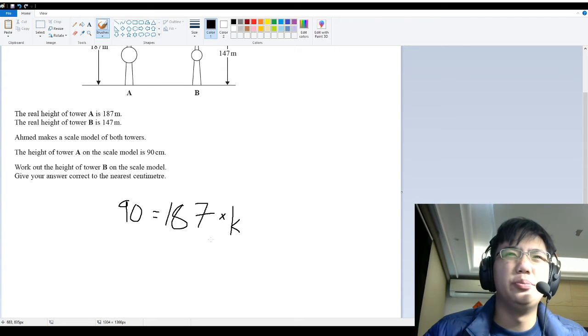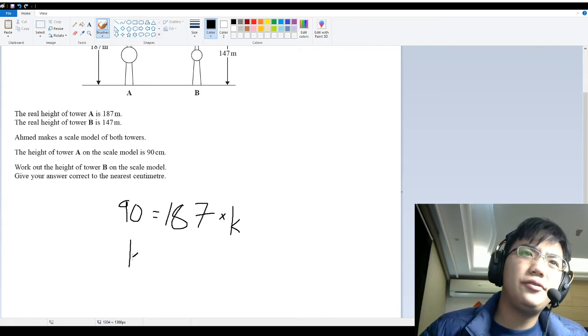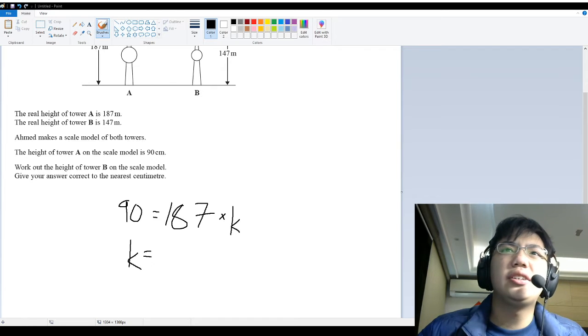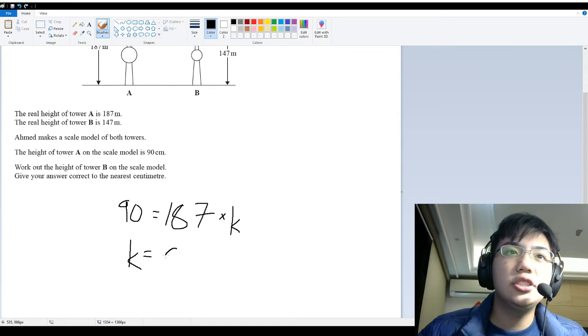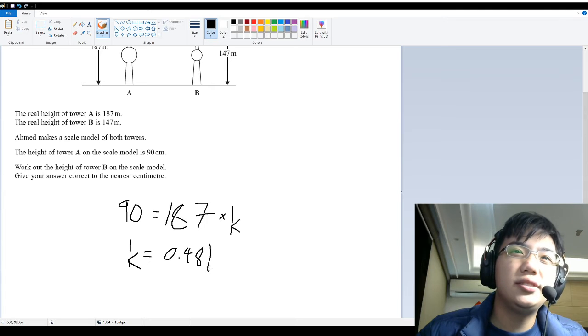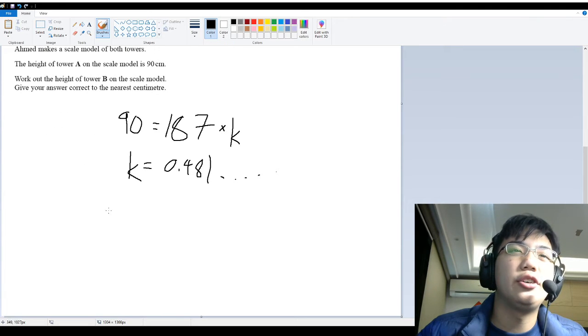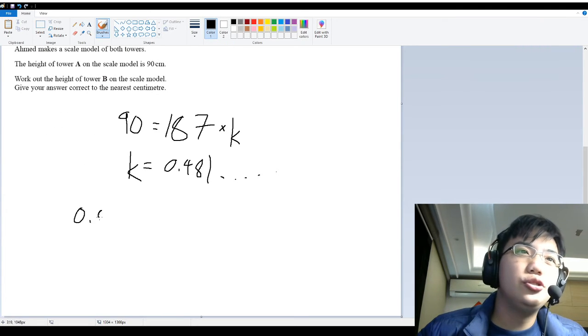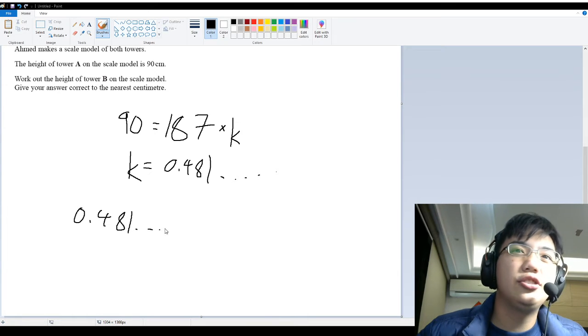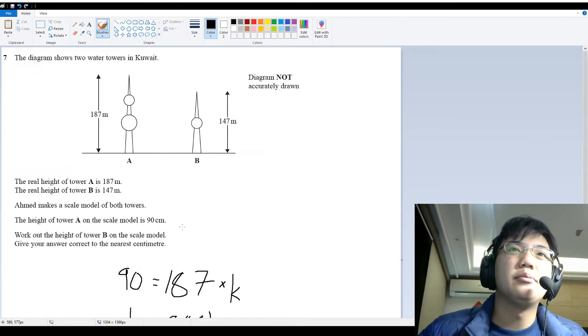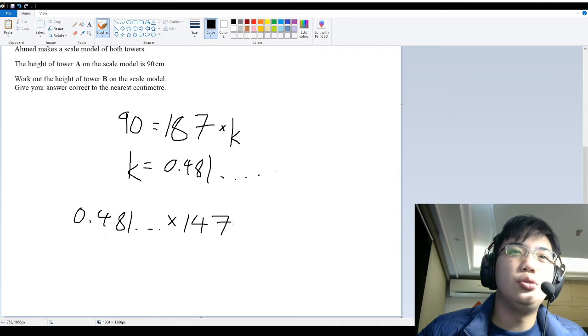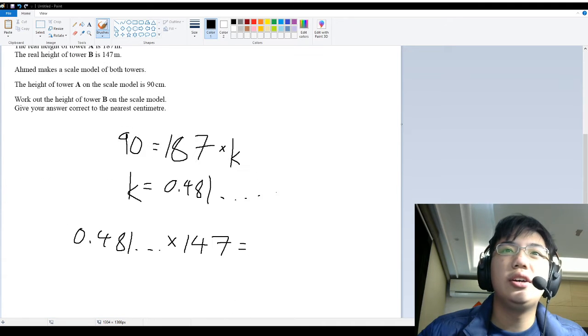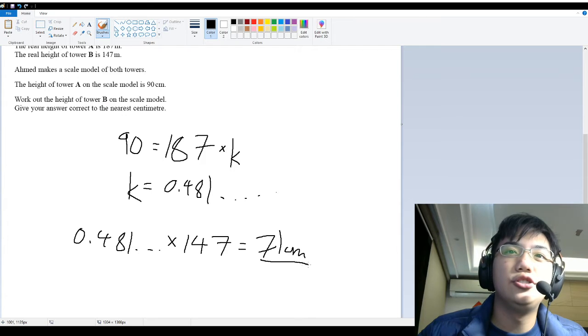From this we can find that the scale factor is 0.481 something according to your calculator. Next you should multiply that value by 147, which is the actual height of the other tower, and there you find that the scale model of tower B would be 71 centimeters tall.